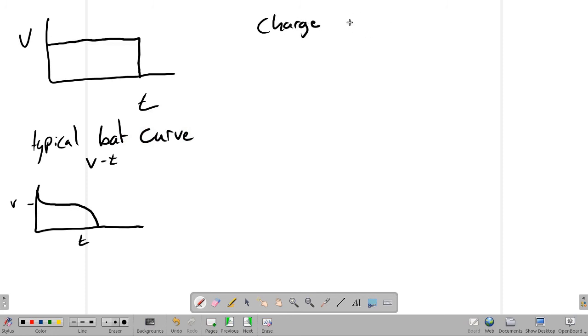Our charge, which is Q, equals 0.5 times 10 to the 6, and that's just saying it's 500,000. 10 to the 6 is a million. So we know an amp is a coulomb per second. We are looking for seconds, so we can multiply both sides by seconds.